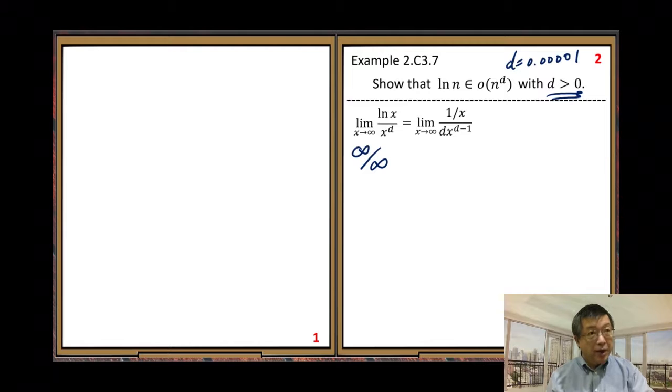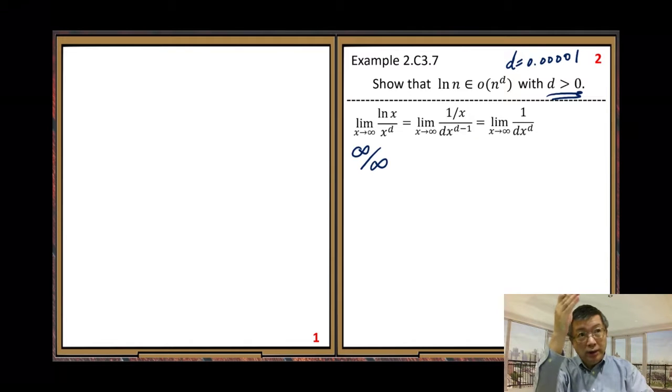The derivative of the denominator, by the power rule, is d times x to the d minus 1. That's simple. After simplification, we have 1 over d times x to the dth power. You can see after simplification, d is still positive.